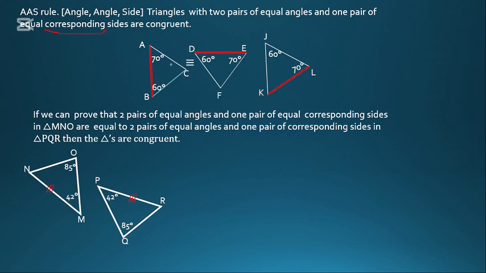Now, how do we know that AB and DE are matching sides? We can actually see that opposite this angle is AB, and this red line is a side of angle A and angle B. The same over here.